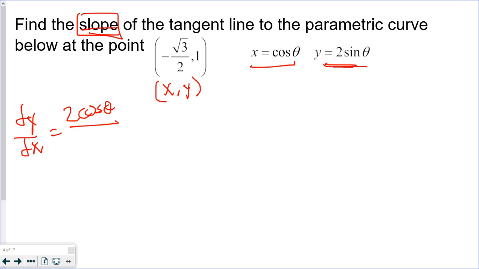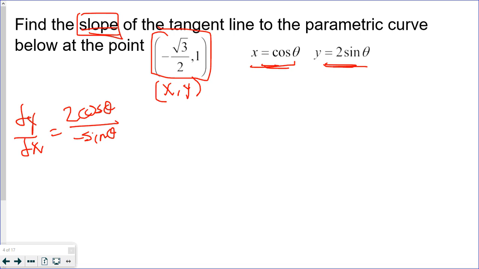And dx is going to be the derivative of the x equation, and the derivative of cosine of theta is negative sine of theta. So we're getting to finding the derivative, that's fine. But the issue is I'm given an xy coordinate point, and I would like to know the derivative at that point. Well, the derivative is in terms of theta.